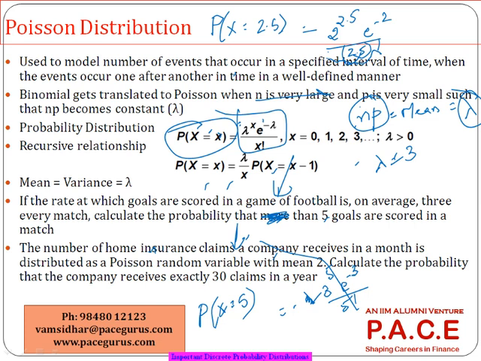Number of successes from a non-identical and independent distribution, hypergeometric. And number of successes where n is very large or within a specific interval of time, Poisson. So typically at the end we are talking about modeling the number of something itself in various circumstances which are leading to various distributions for us.